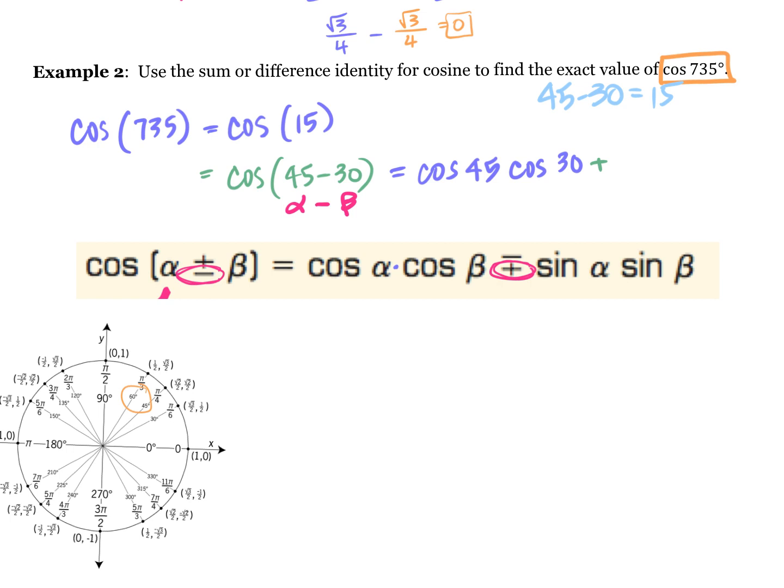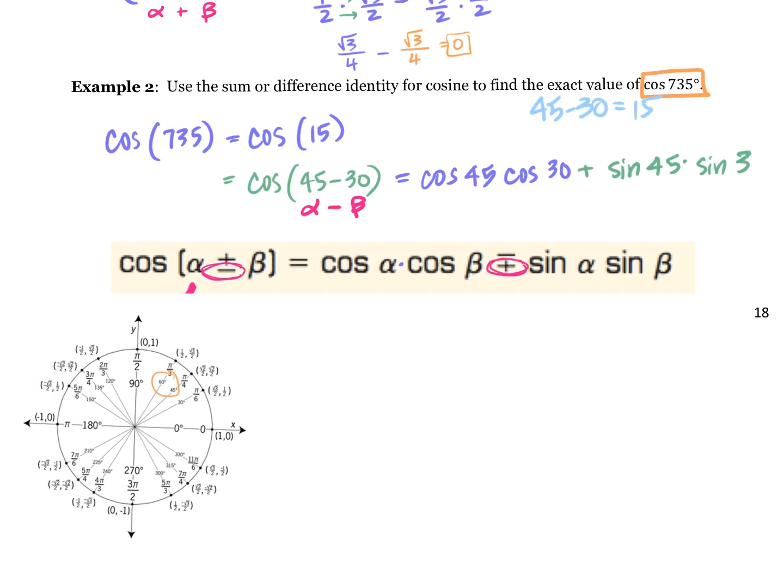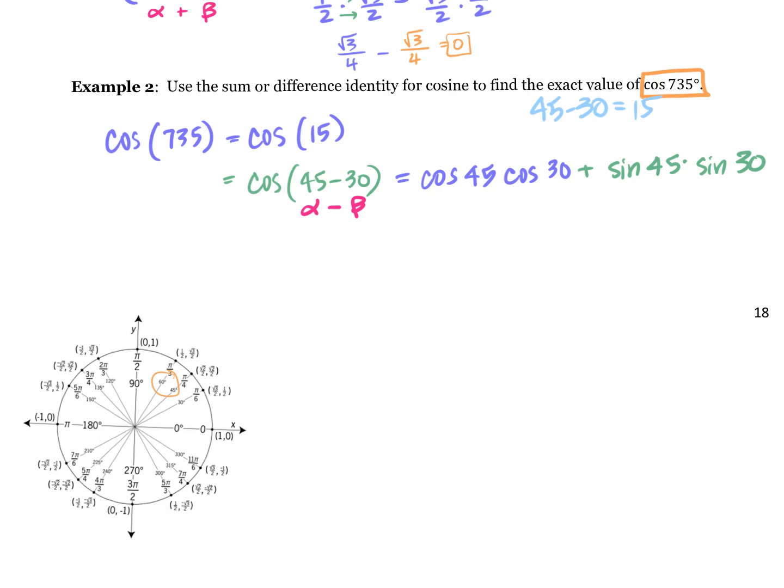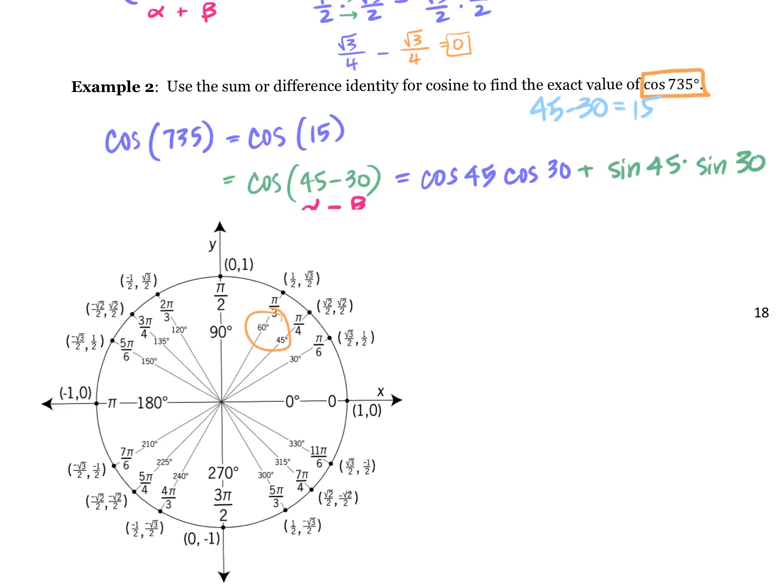Yeah? And then we've got sine of 45 times the sine of 30. Yeah? Now all we do is we use that unit circle, guys. We just need now the cosine of 45 in degrees. What is the cosine there? Root 2 over 2.